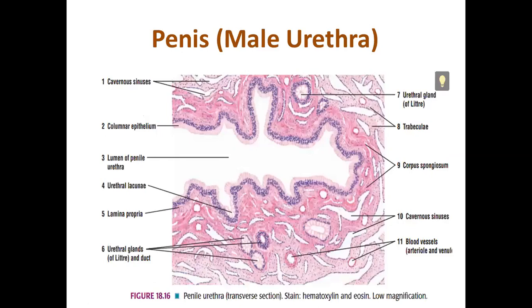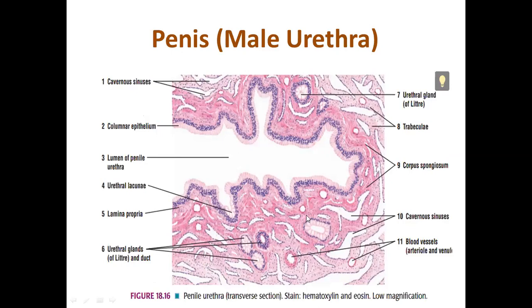If we talk about the male urethra, it is lined by pseudostratified columnar epithelium, and in the last part there will be stratified columnar epithelial lining as well. Below the epithelium there is connective tissue, corresponding with the connective tissue of the corpus spongiosum.